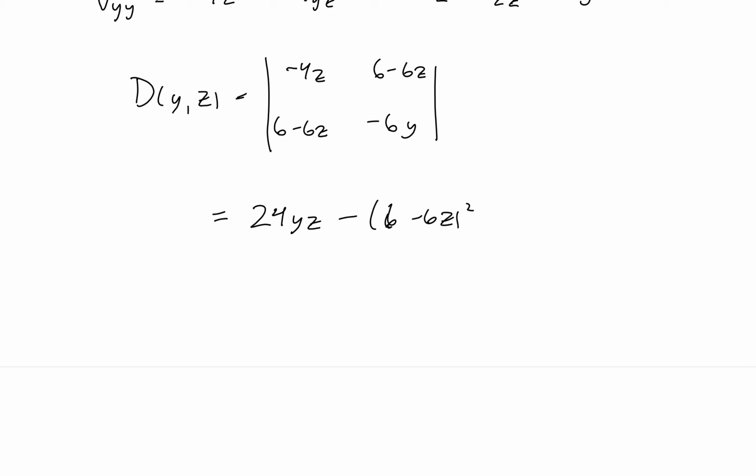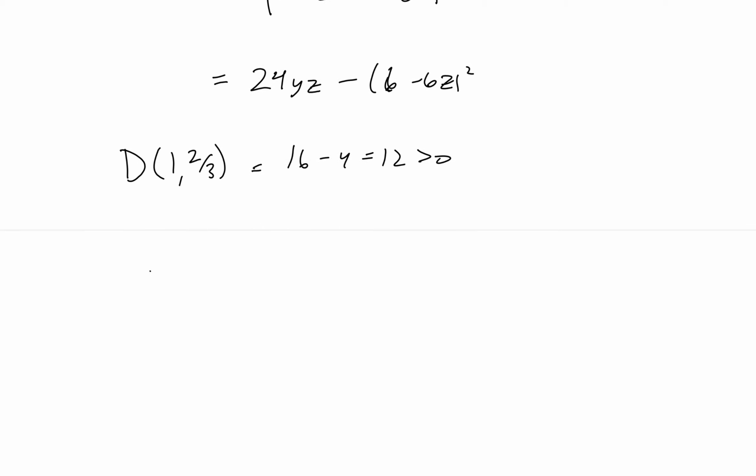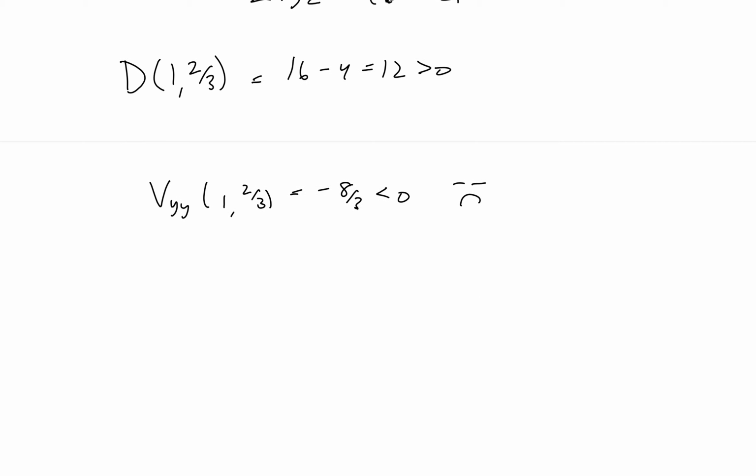So if I look at the values I have of y = 1 and z = 2/3, this gives me 16 minus 4, which is 12, which is bigger than 0. And then V_yy at (1, 2/3) is equal to minus 8/3, which is less than 0. So this gives me a local max.